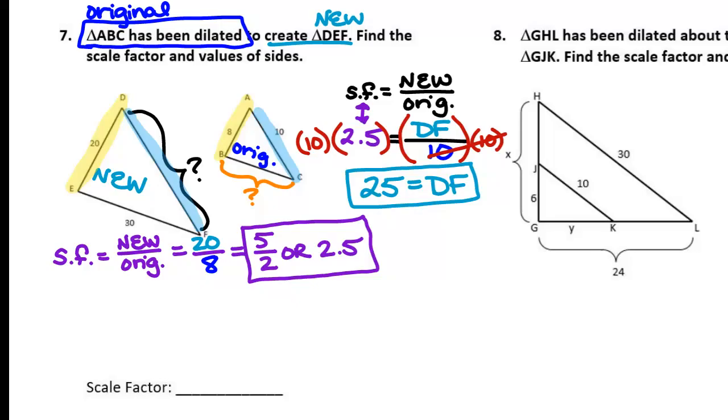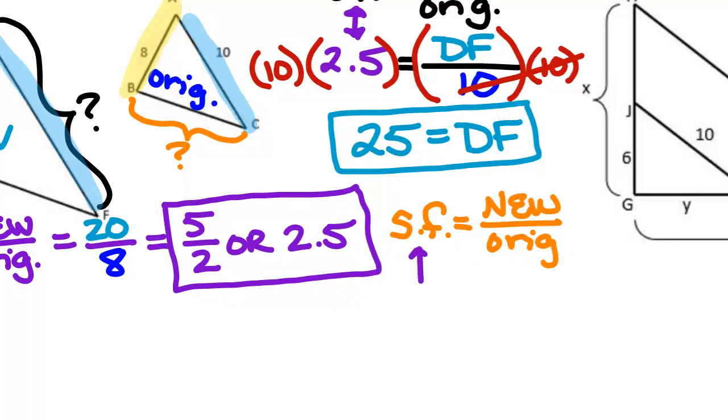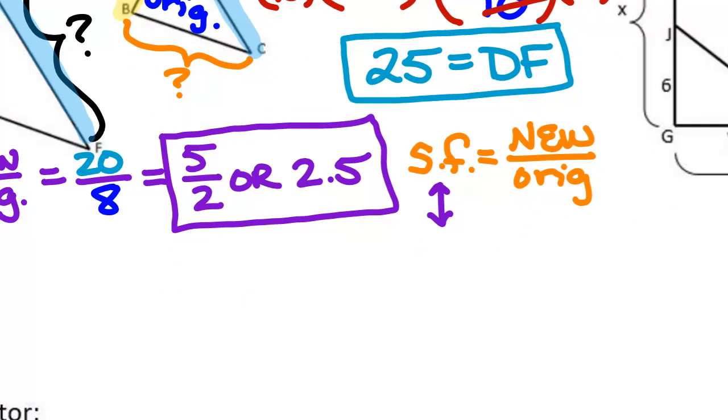Nicely done. All right, we have one more side left to find, and that's BC. Scale factor equals new over original. Scale factor stays the same. We're going to put 2.5 or 5 over 2 in here.